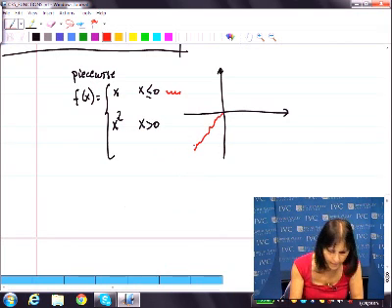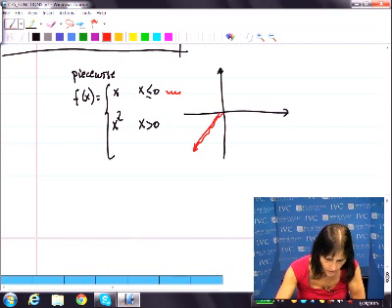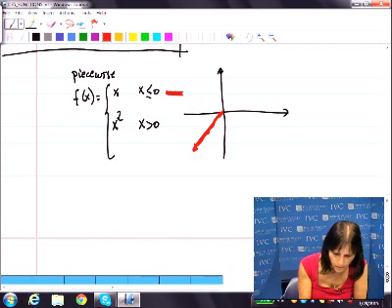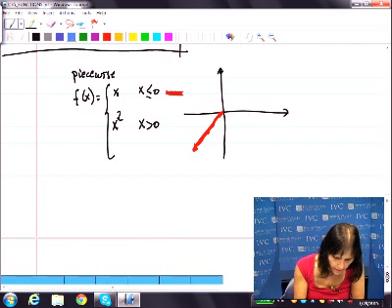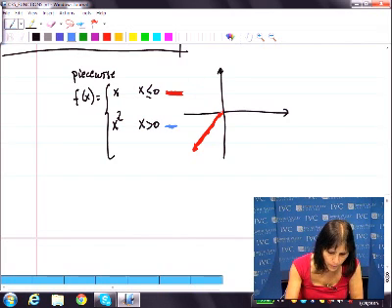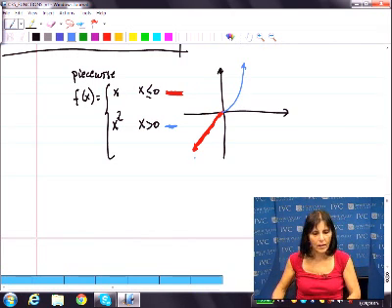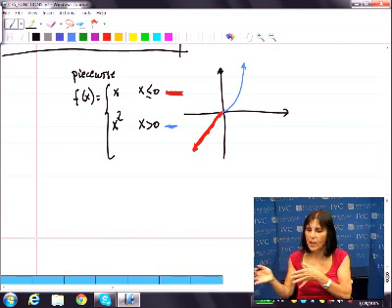That's what it looks like. I just did it squiggly so you can see it. You can just do it solid. Okay, x squared. What does this look like? That's in blue. X squared looks like this, but this part I don't want, so it looks like this. Alright, so this piecewise function does one thing somewhere and something else elsewhere.